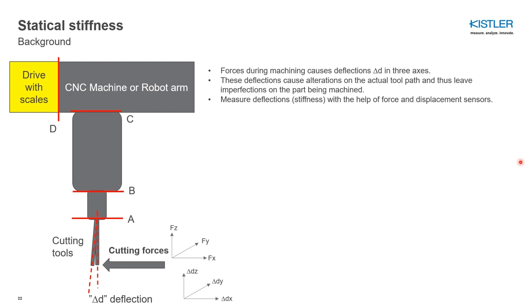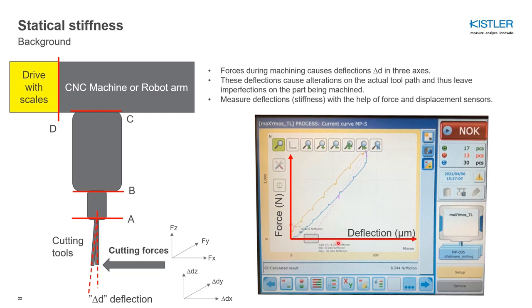So a way to measure the deflections is to be able to know and measure the stiffness of your system, and that you can do with the help of a force and displacement sensor. So if you are measuring force in some sort of setup step before you make the machining, and you place a displacement sensor on the other side while you are pushing against your workpiece or your grinding wheel and measuring the force, then you will be plotting the force versus deflection.